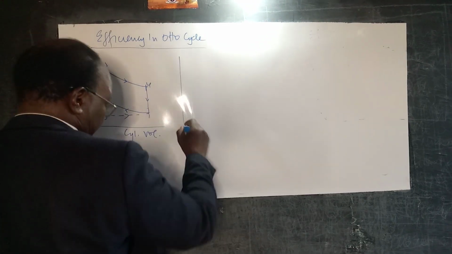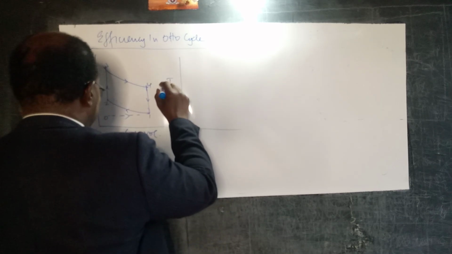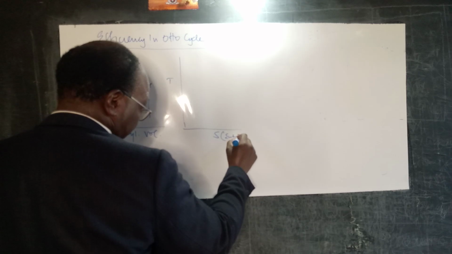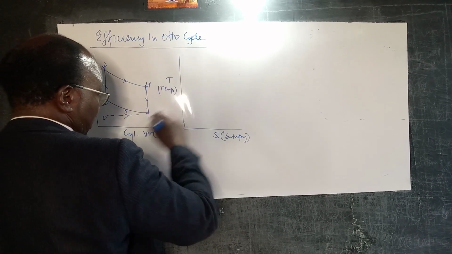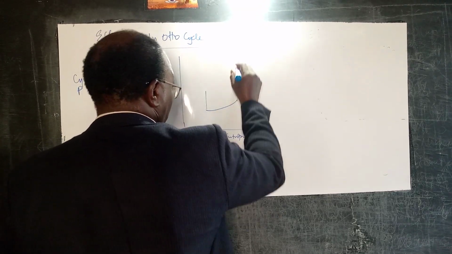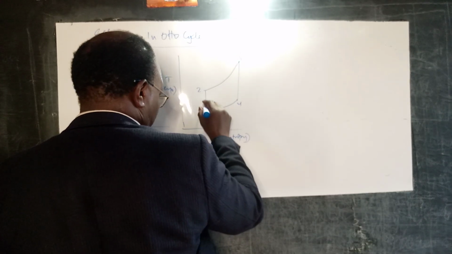And on the temperature entropy axis, entropy, of course, is temperature. Steps 1, 2, 3, 4.